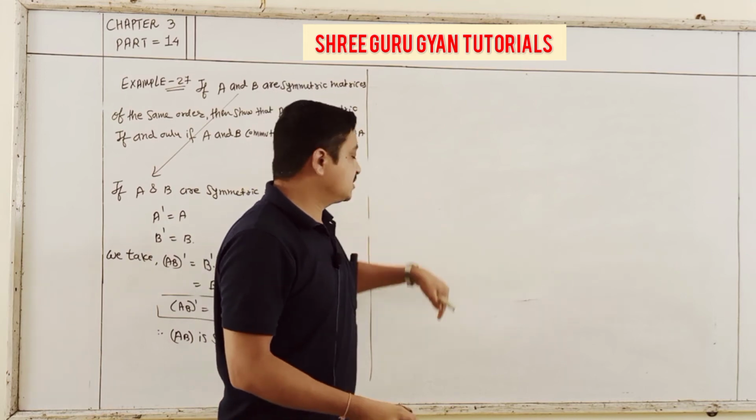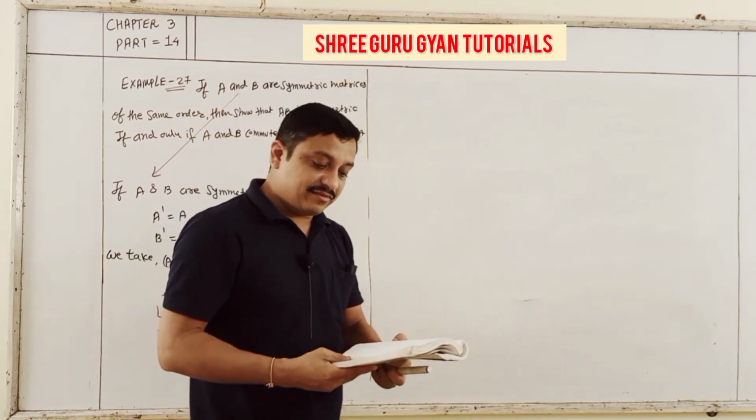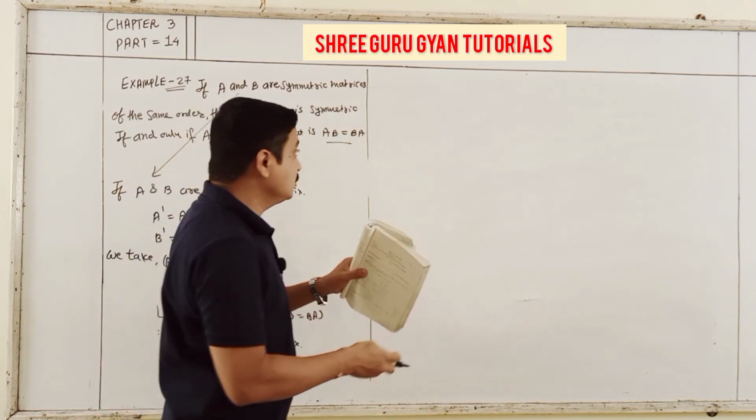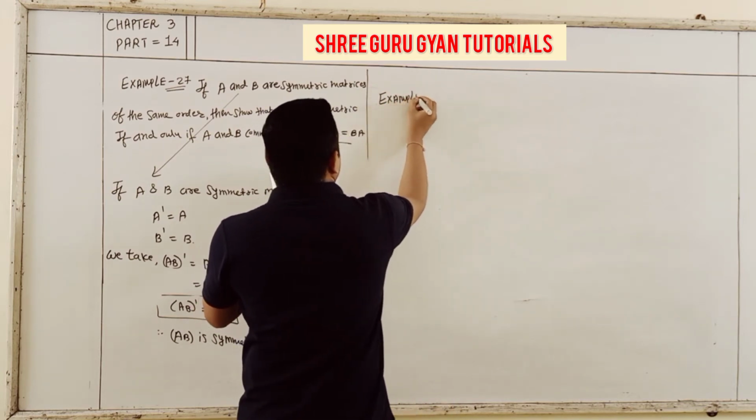Example 28, same as before: let A, B and C be given, find the matrix D such that CD minus AB is equal to 0. Example 28.